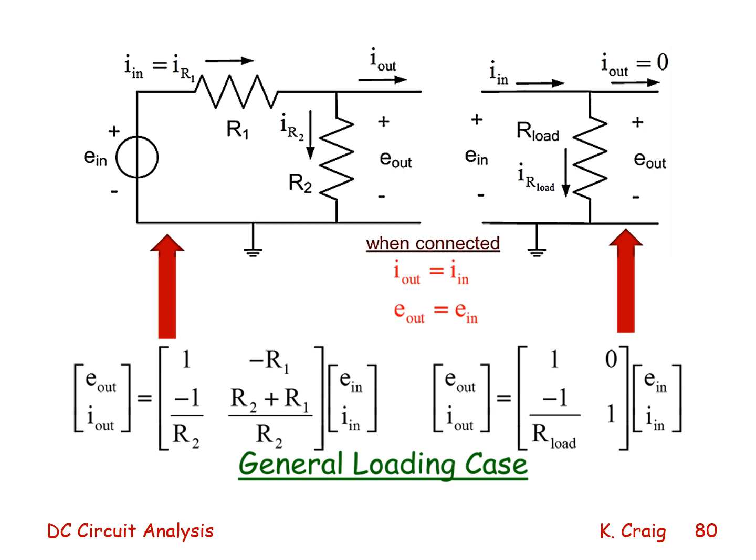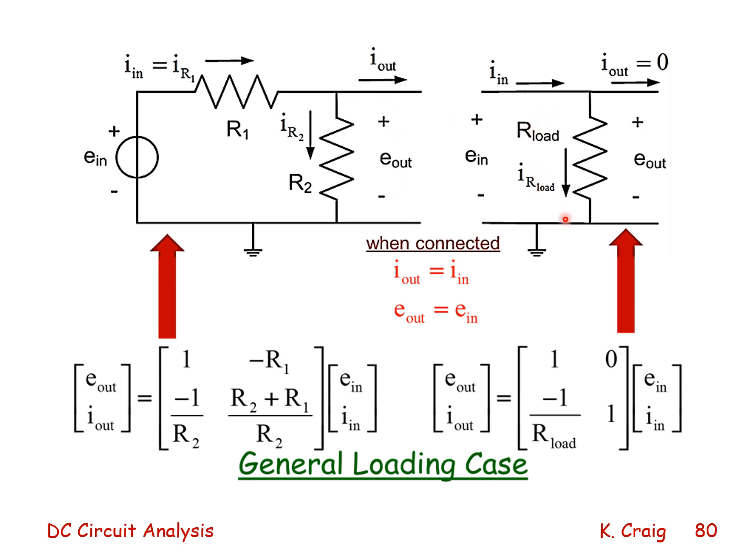So here then is our general loading case shown as two subsystems. On the left, we see our ideal voltage source with our voltage divider. And at the output terminal, we have output voltage and output current.